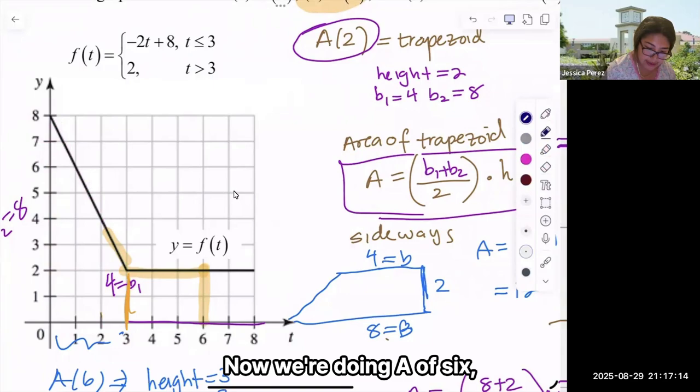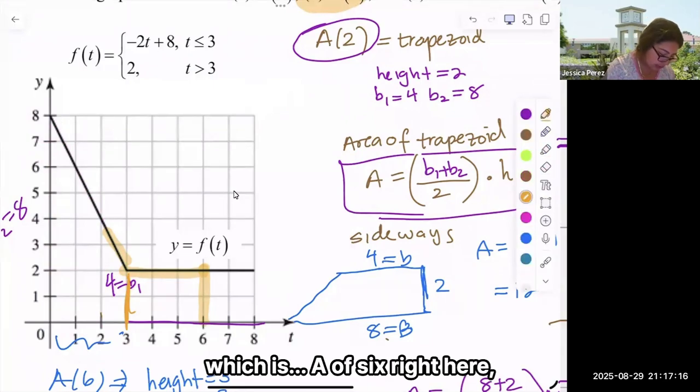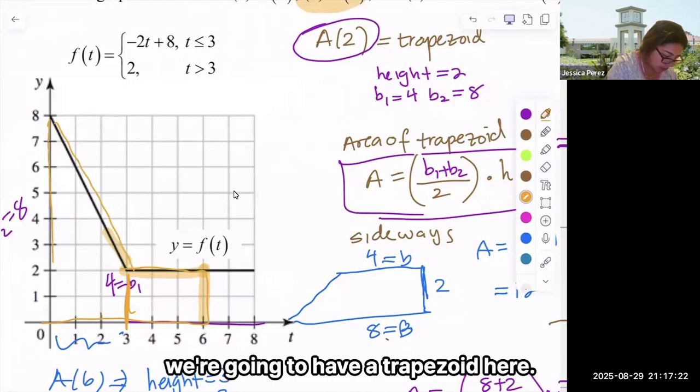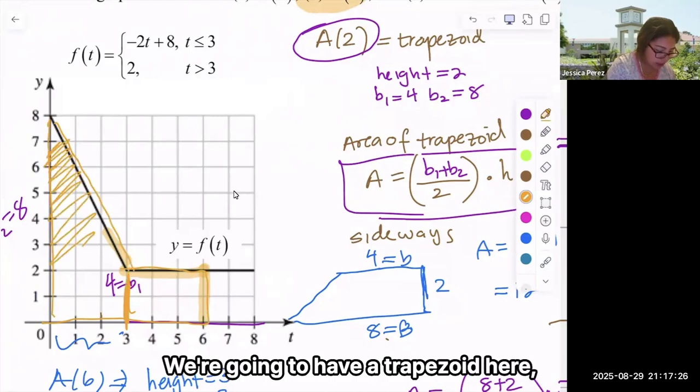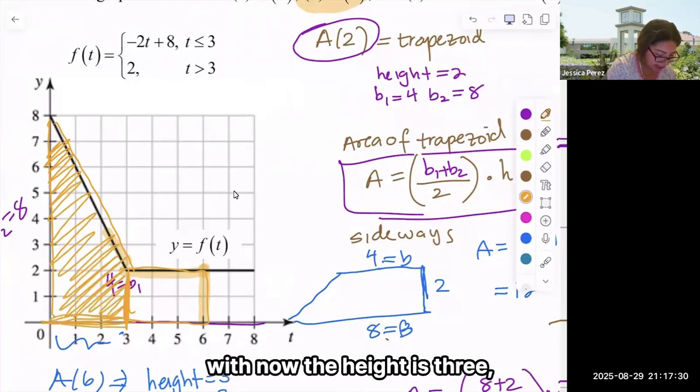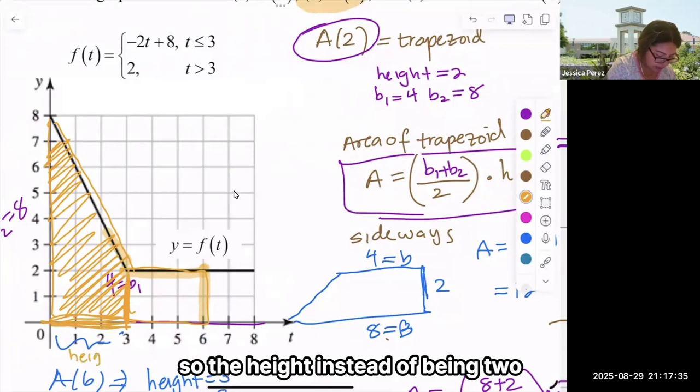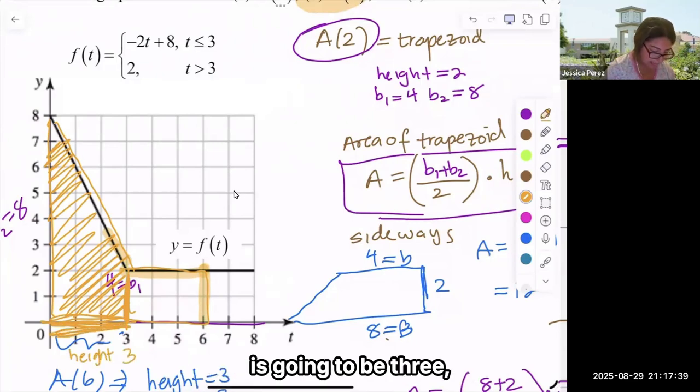Now we're doing A of 6, right here. But we're going to have a trapezoid here, with now the height being 3. So the height, instead of being 2, is going to be 3.